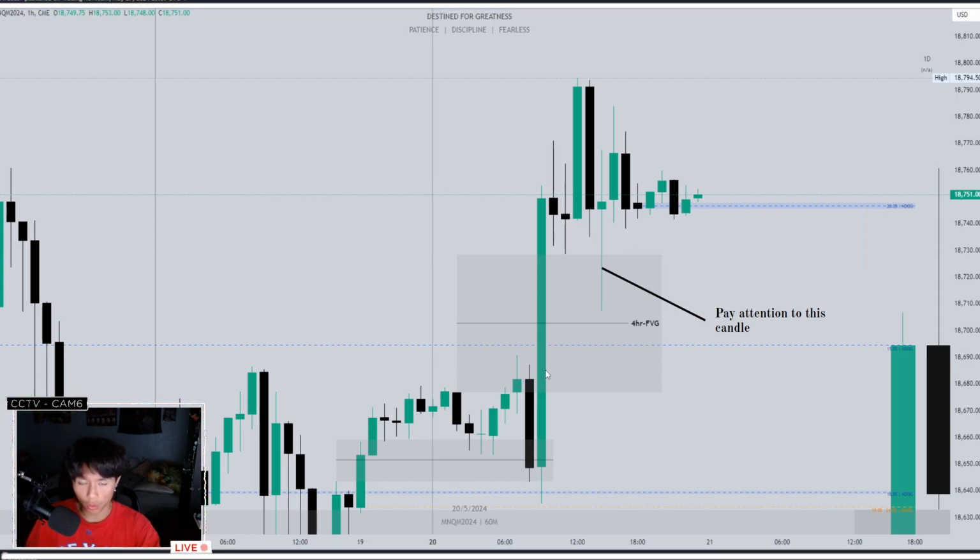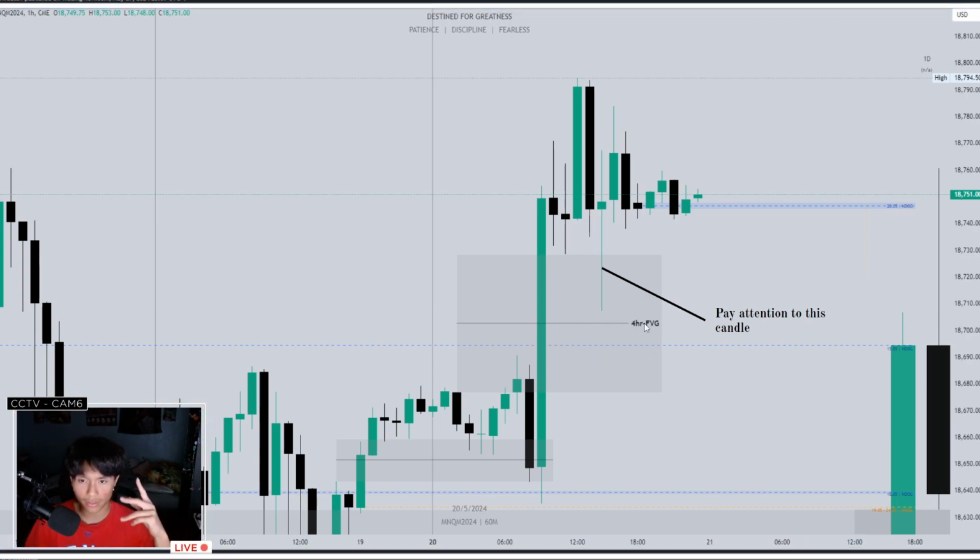Did we just tap into an order block? Did we fill in an inefficiency? Are we in discount of the range? Just looking at this, we tapped into a 4-hour fair value gap. We probably came into discount between this low and this high right here. And maybe even on the lower time frames, we could have tapped into a 15-minute order block or something like that. But just note, this hourly candle, super big wick, taps into a 4-hour fair value gap.